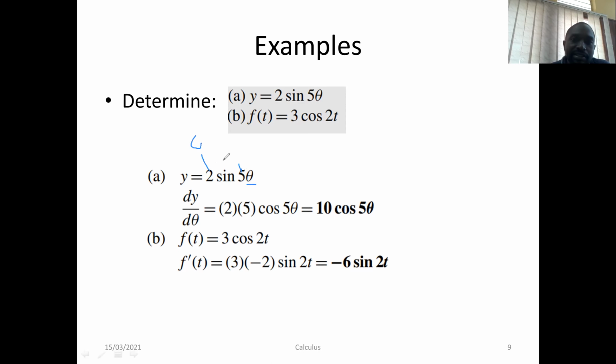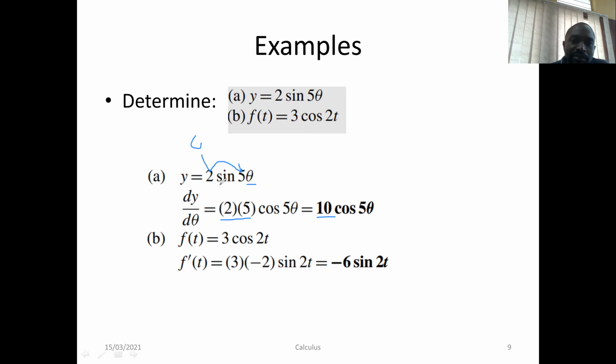Therefore, to find the rate of change of y with respect to this angle theta, bring the 5, let the 5 be multiplied by the coefficient. Therefore, we're going to have 2 multiplied by 5, which is 10 here.